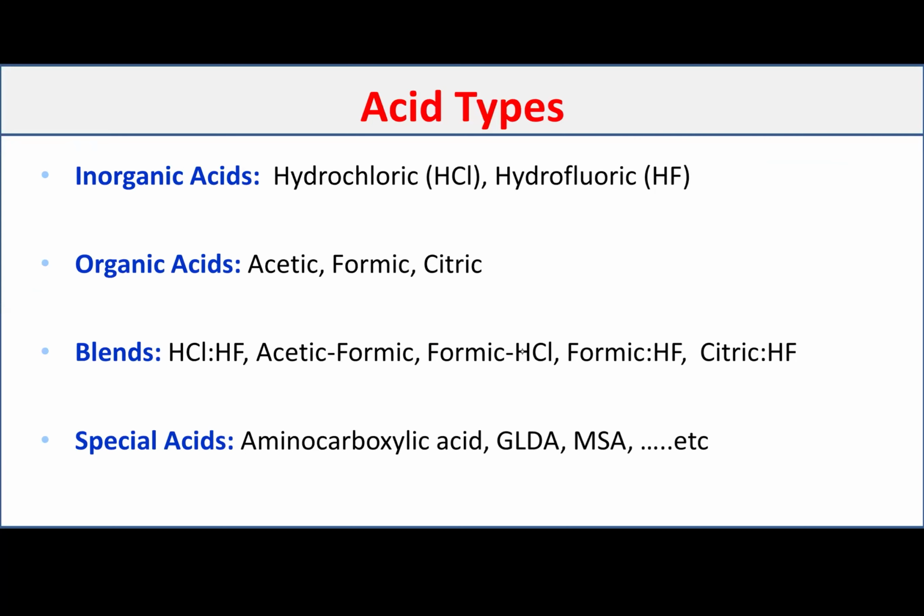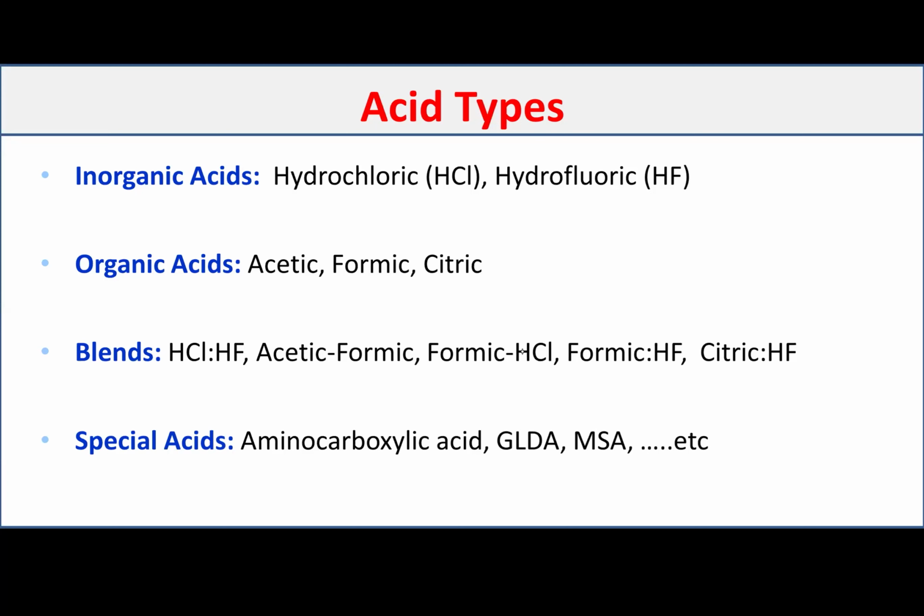So as engineers, we like to blend different acids because we get the benefit of each acid itself. And we have some specialty acids, and the use of specialty acids is very niche. I would say only maybe 5% of jobs are typically done with some sort of specialty acid. Usually it happens when the temperature is too high, or you have a really sensitive formation where the previous acid systems cannot work. Examples are aminocarboxylic acid, GLDA, MSA. These are not typical acids that we use in our daily acid jobs.